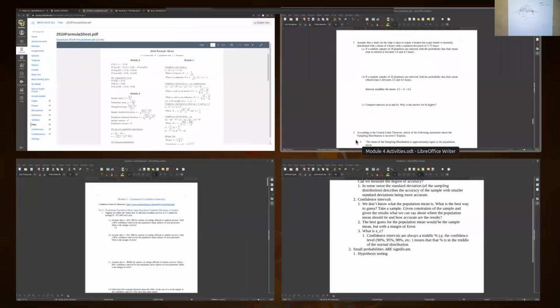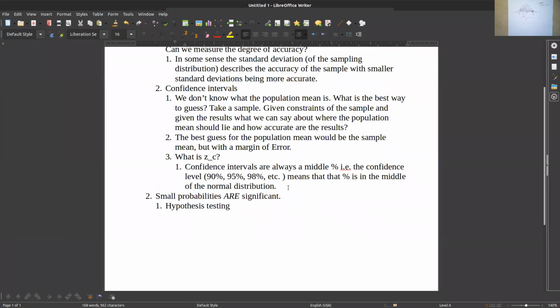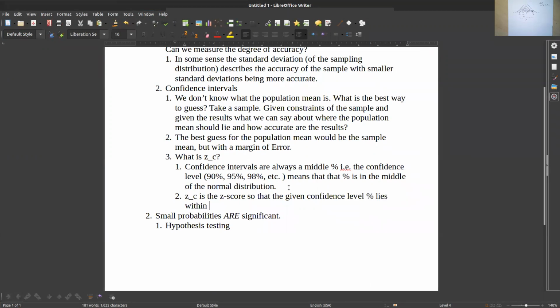Okay, so let's summarize that. Zc is the z-score. So that's the given confidence percent lies within minus z to z.